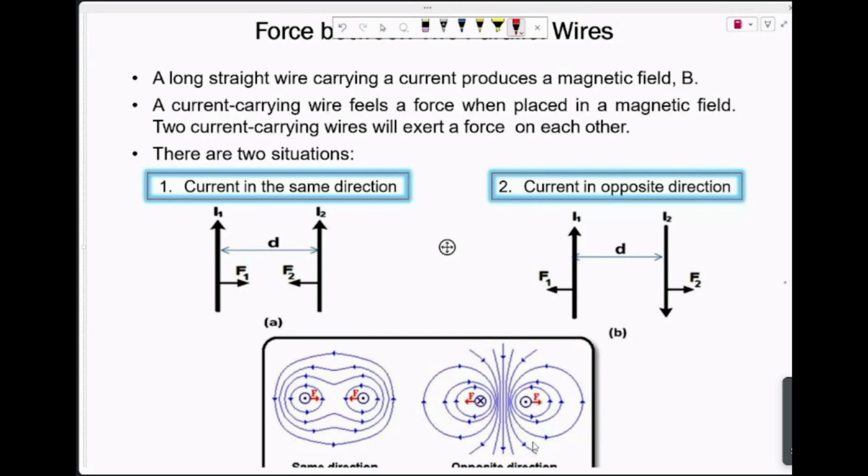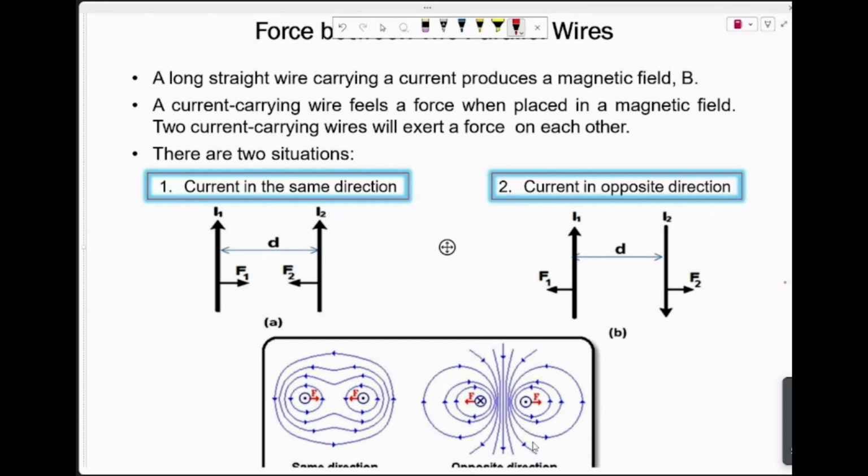So we have current I1 on the left here, and current I2 on the right. Remember, use your right hand grip for I1 here. The left side of I1 will have the magnetic field in what direction? I'll give you 5 seconds to think.